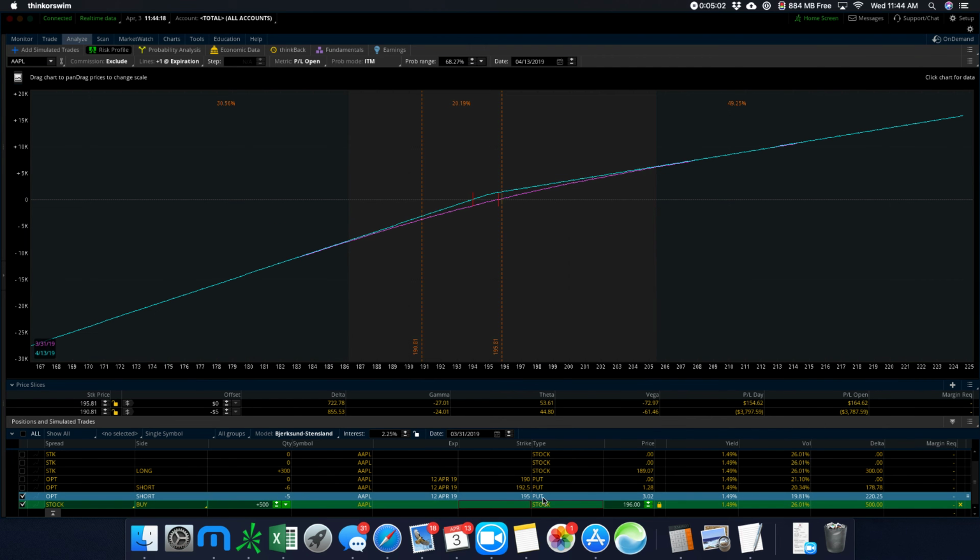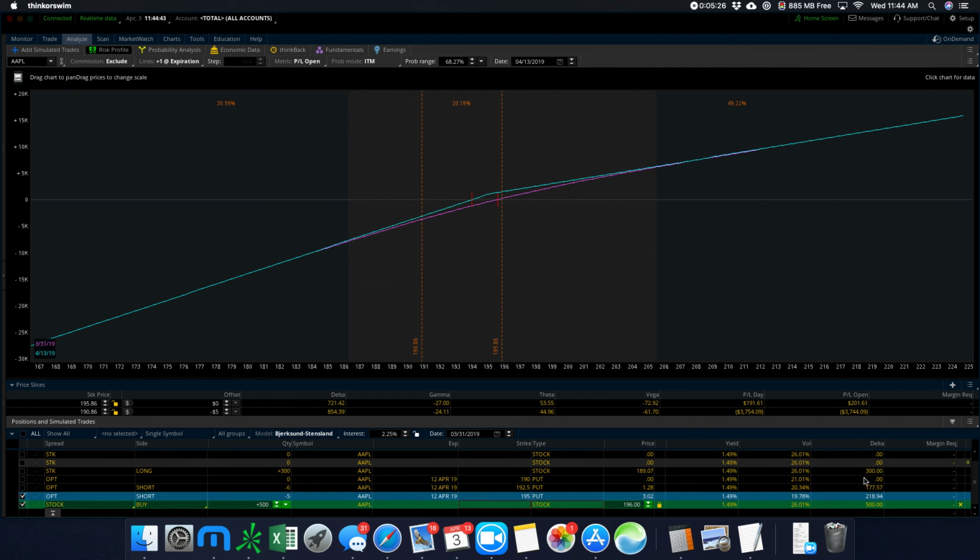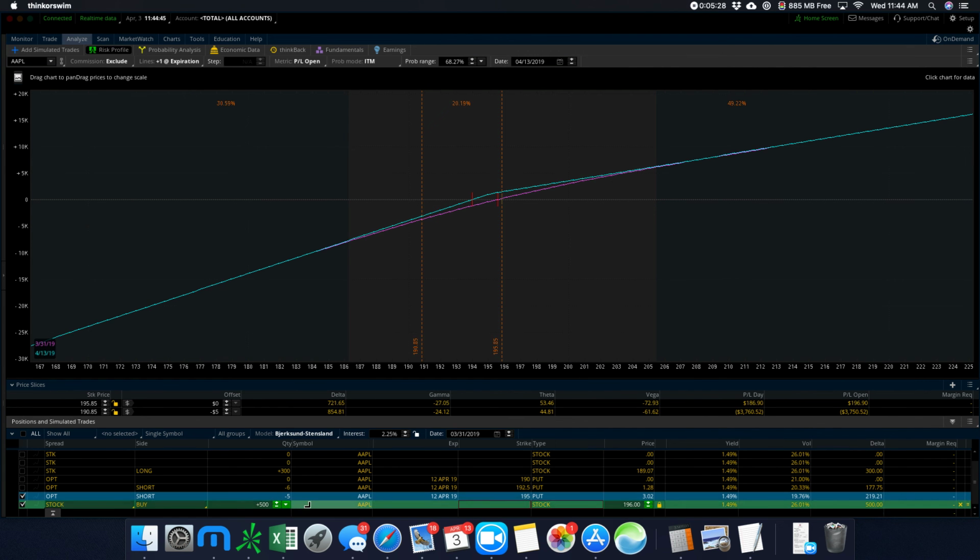Short 195 puts, the delta is only 220. So when the price drops by $1, I'm going to lose about $220 for my 5 contracts, not $500 as with 500 shares. This delta represents the delta for 5 contracts, which is equivalent to 500 shares.